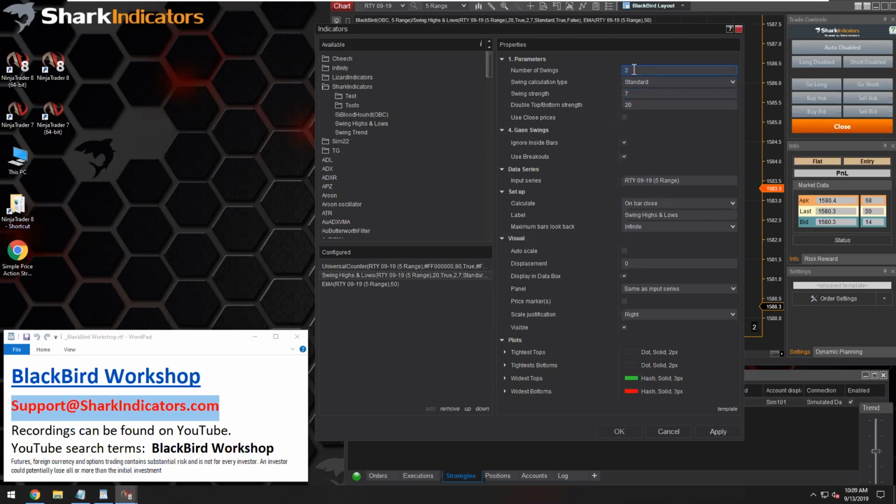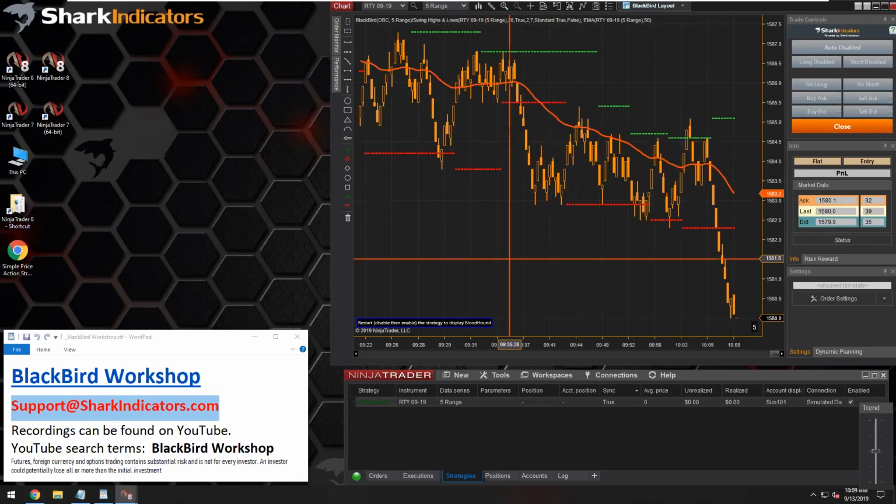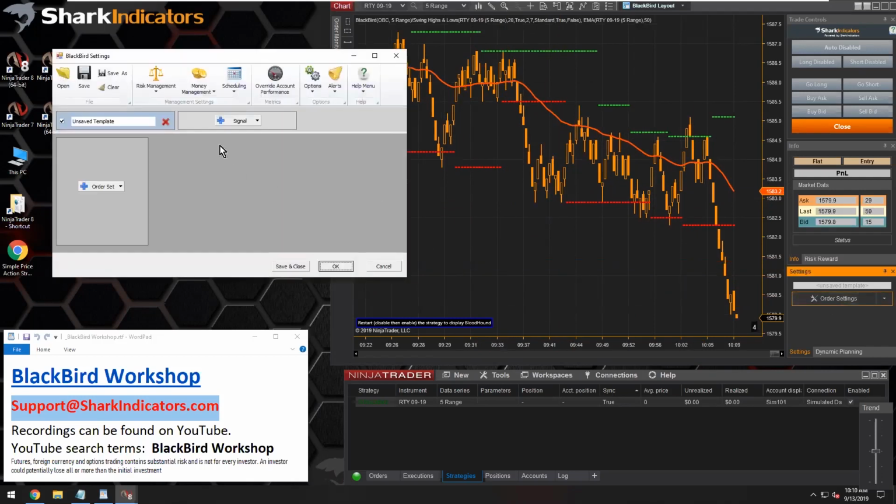So probably 2 is what you're wanting to use based on the screenshot there. And of course the swing strength is very subjective, so you'll have to play around with that on the chart to see what's going to work out best for you. So all right, let's get BlackBird back open here.